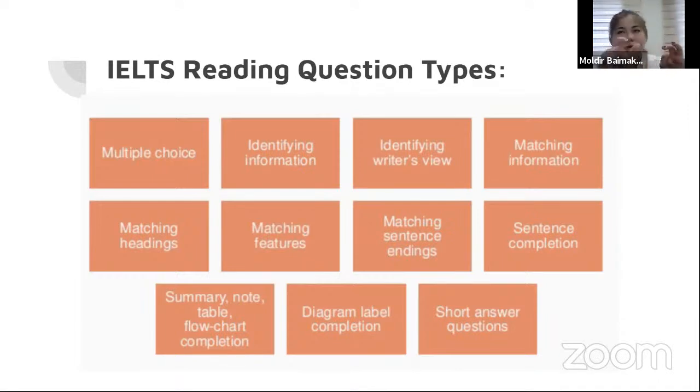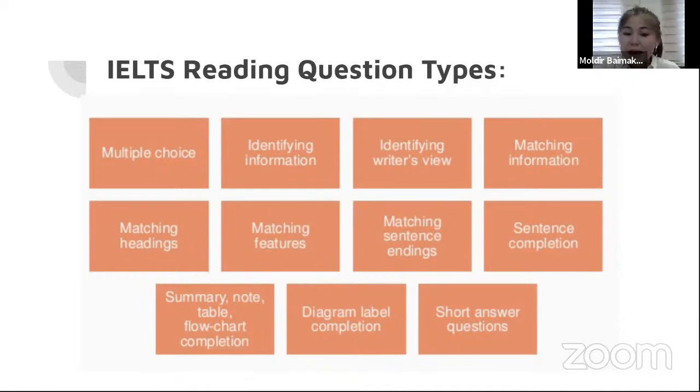Headings can be obscure and the paragraph can be clear, precise, but still they relate to each other and the connection is not that clear. Or it can be vice versa. For example, the topic can be too specific and it may confuse us. But we have to learn how to deal with that. And this is exactly what we're going to do today too, because we have matching headings too.